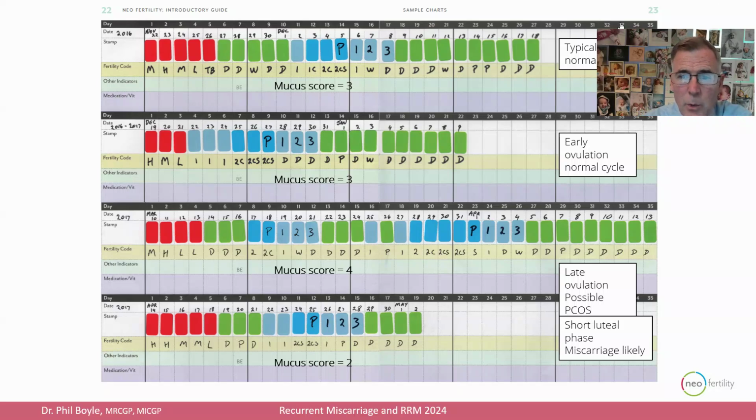But in particular, we can identify these at-risk cycles, the late ovulation suggestive of polycystic ovaries, the very short luteal phase, very indicative of corpus luteum insufficiency. And these are indicators, they're not rigid and absolute.